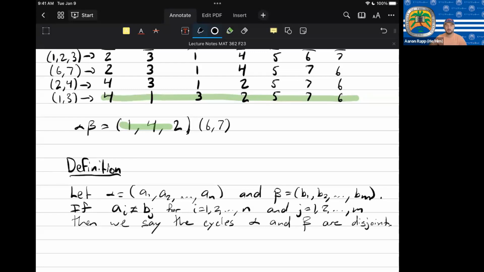Essentially, they don't share anything in common, any things they permute. Only beta does it and alpha doesn't, or only alpha permutes it and beta doesn't.